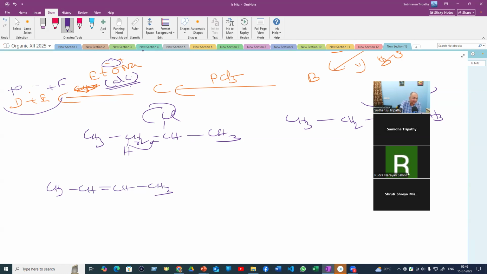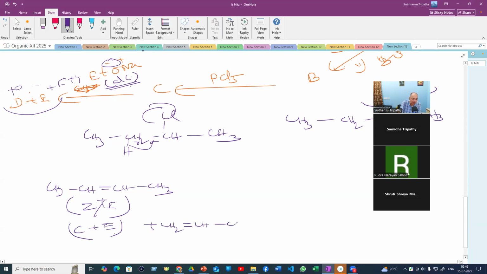I can make it D, E, F, G. So supposing this is Z and E, this is D plus E. And of course, there will be some amount of but-1-ene. So elimination is over. D plus E. This is F.